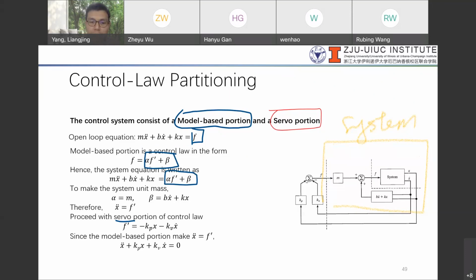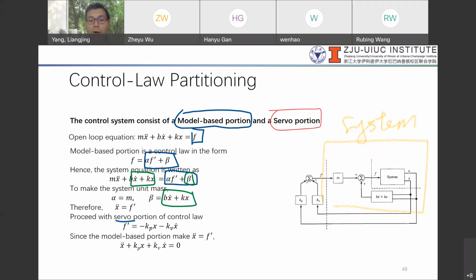From here, if you split this part, this will be your beta, and alpha will be the inertia, the mass in this case. So f prime will be x double dot.